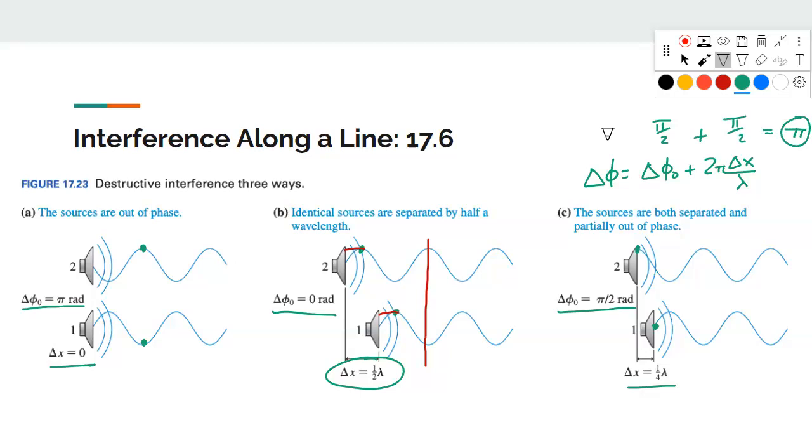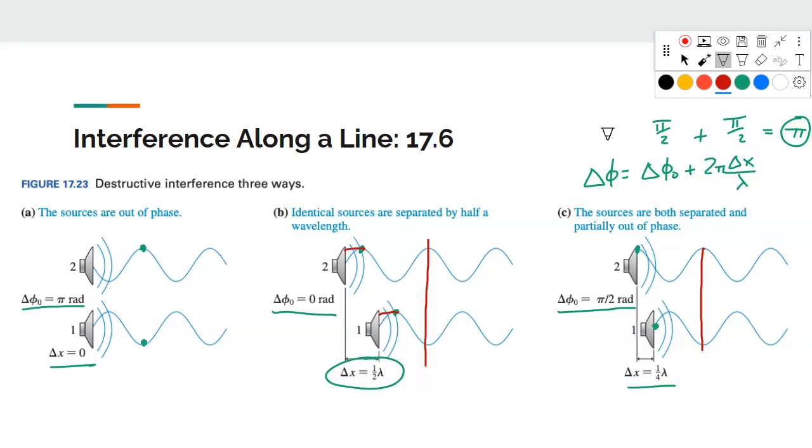And so we again get destructive interference, where there's a peak on one, there's a trough on the other. So they just cancel out. So all three of these images end up with the same observed phenomena, which is there's no sound in that region, in this line at least.